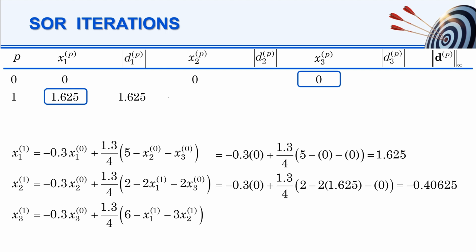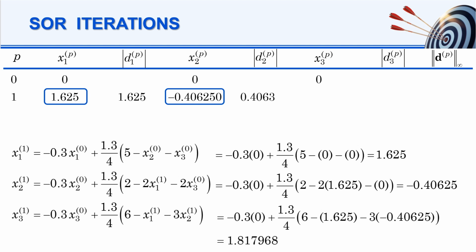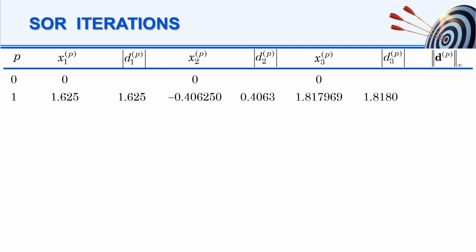The displacement for the second step is also 0.40625. The third iteration equation for x3 using the current estimates of x1 and x2 yields 1.817968. At the end of the first step, the infinity norm of the displacement vector, that is, the largest magnitude displacement, is 1.8180.